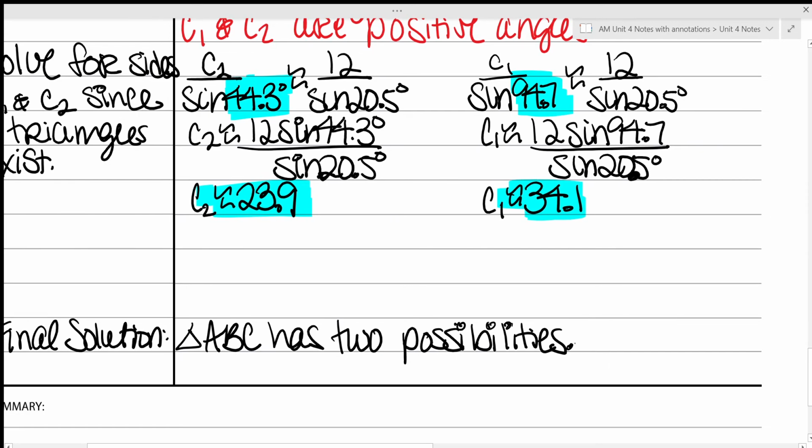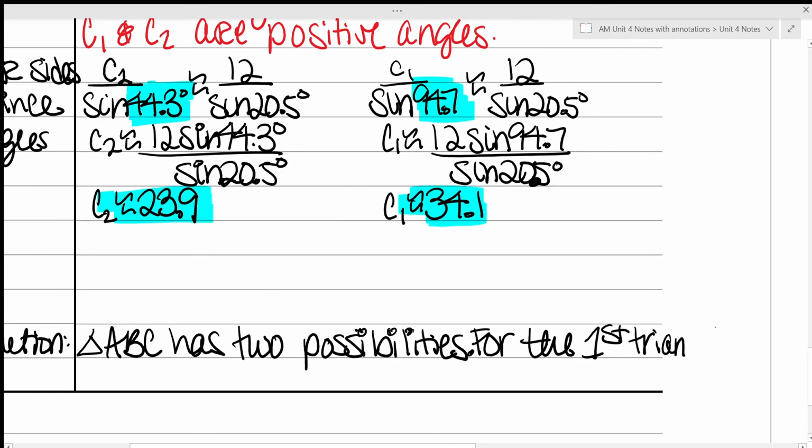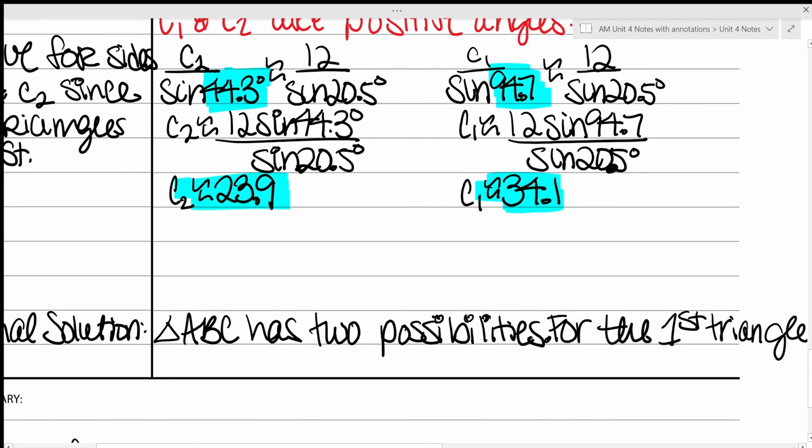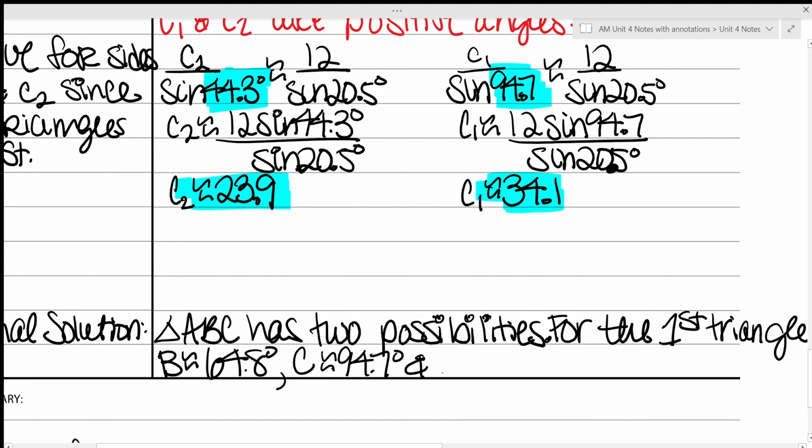Okay, so for the first triangle, did I say 64.8? Angle C is approximately 94.7 degrees, and side C is about 34.1. Okay, and you could add the little ones there if you want.